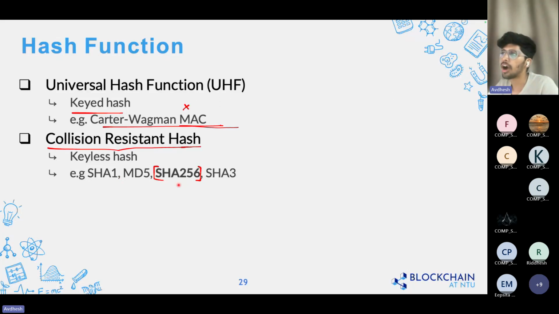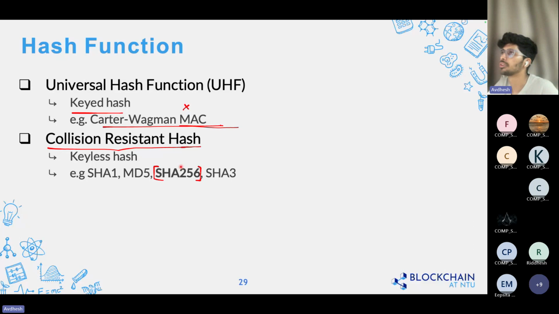So no matter how big the data is, SHA-256 will always output 256 bits. Maybe you send 20 MB of data, 1 GB of data, 10 strings, 100 strings. It will always generate a 256 bit hash.